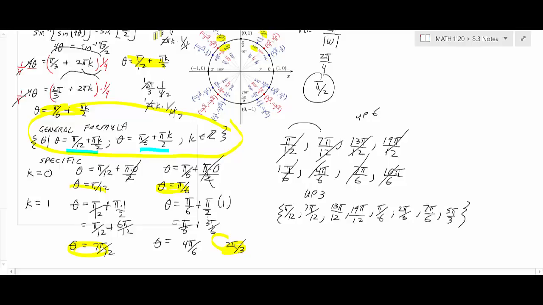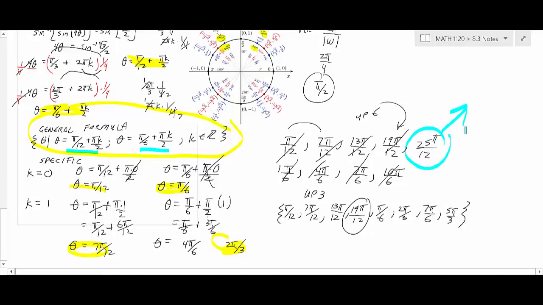Now see what happens on this. The biggest answer that I got on this problem is this one right here. That's almost 2 pi. So once you get beyond that, if you went up 6 from that, you'd have 25 pi over 12. Now let me ask you this question real quick.